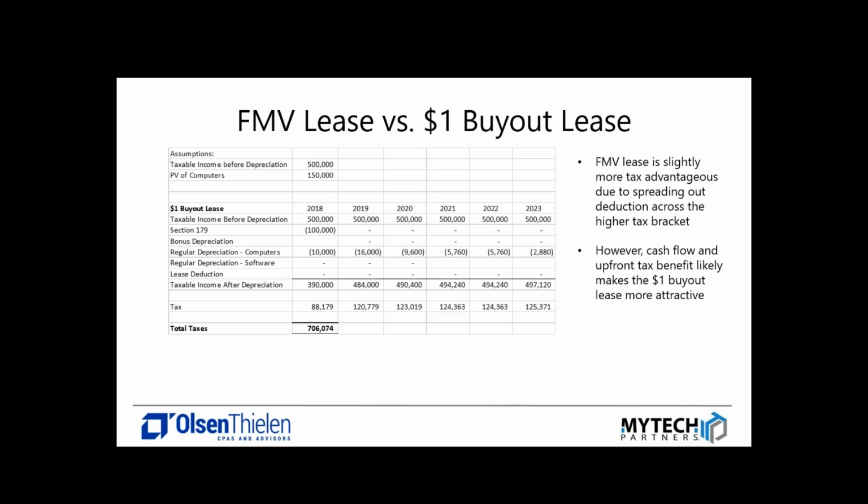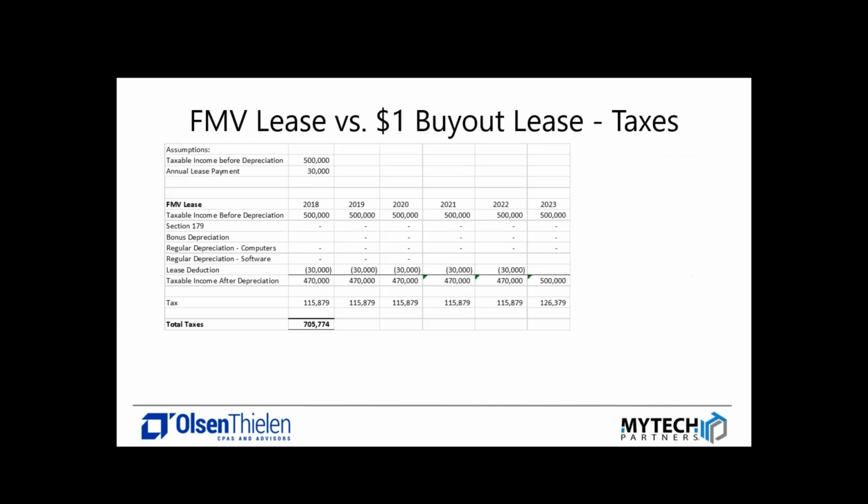Yes, so you're saying that from a tax benefit, your actual fair market value gave you better cash flow, and just a little bit better tax advantage versus the dollar buyout. Is that basically it? Right. From a tax perspective, the fair market lease, in this case the $30,000 is all getting the deduction, offsetting income at the highest tax bracket.